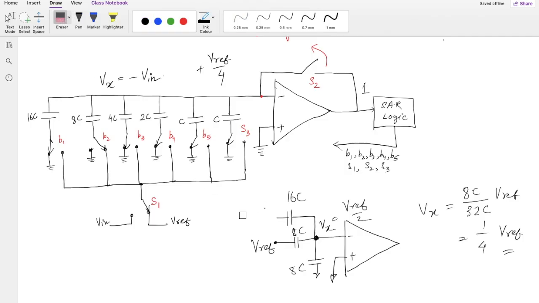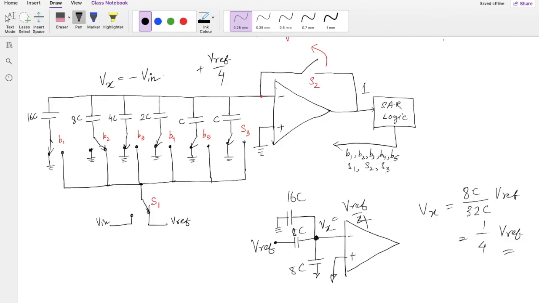This will be grounded, and this node voltage Vx becomes only Vref by 4, and then we do the comparison of Vin with the Vref by 4. Whereas if this is 1, we keep it intact.